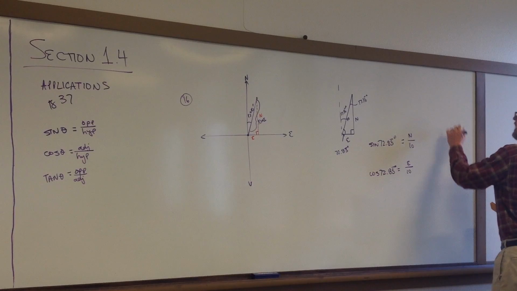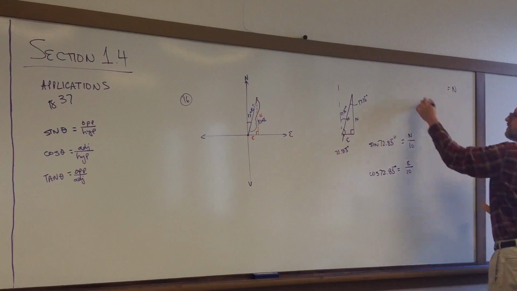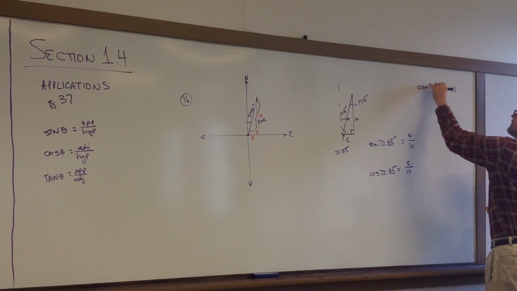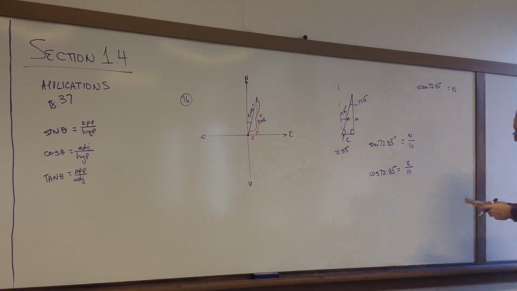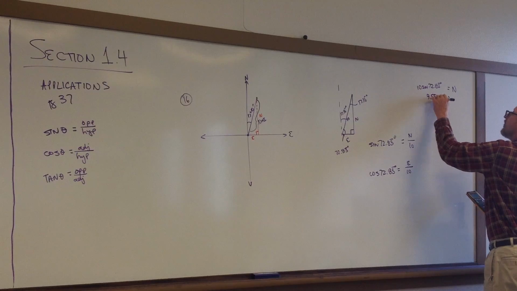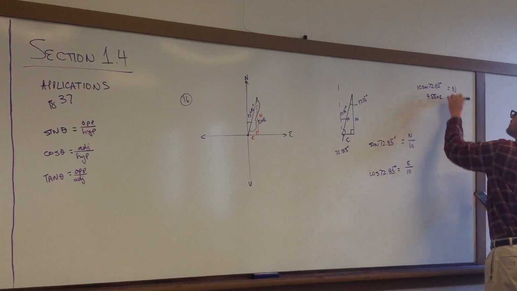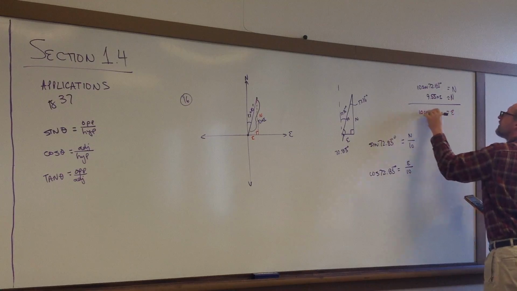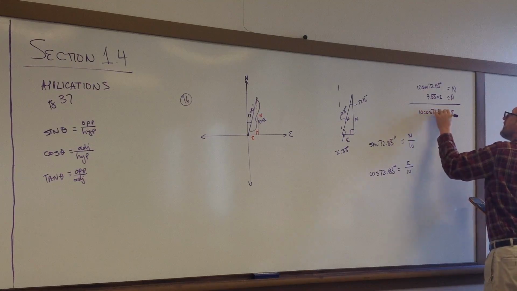Let's see here. n is going to be 10 times the sine of 72.83 repeating degrees. So 10 sine 72.83 is 9.55. 9.55 miles is how far north they are. East is 10 cosine of that angle.